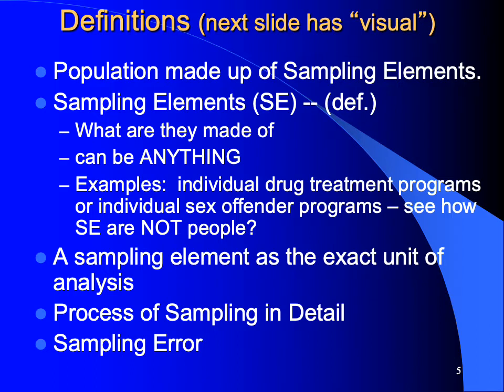Most of the time, they're made up of individual people, and the sampling elements are the exact unit of analysis. When you make a study, your population is made of sampling elements. As you're going to see, we select sampling elements, and that's the exact unit of analysis. Most of the time they're people, but they can be anything.